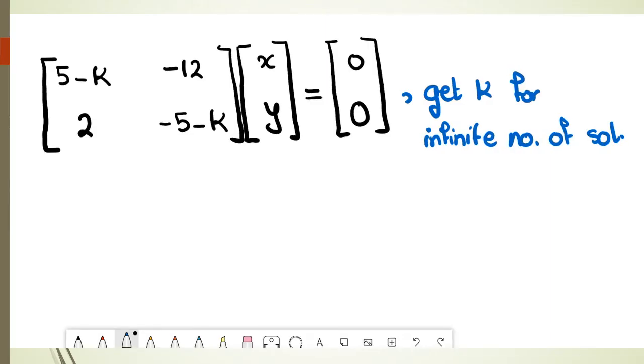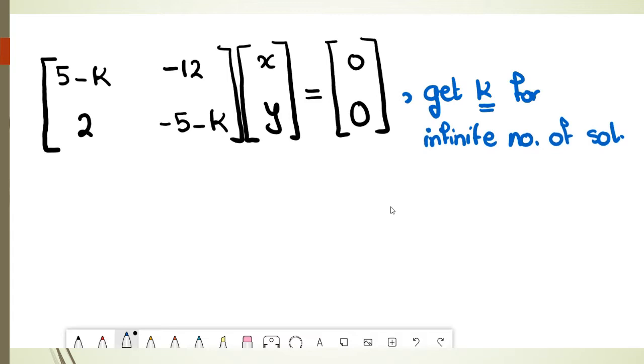In this question we have a system of equations as we can see here. We need to get the value of k where this system has an infinite number of solutions.